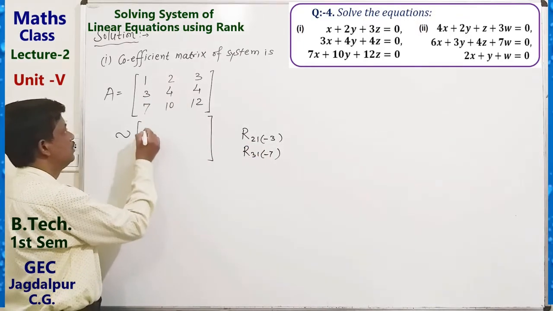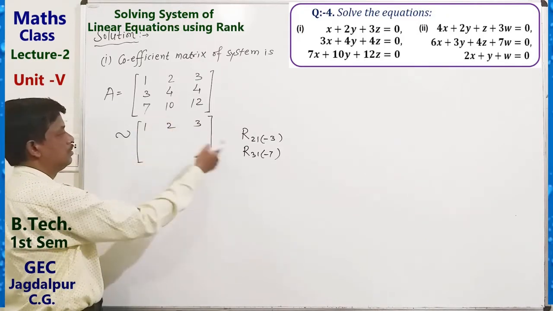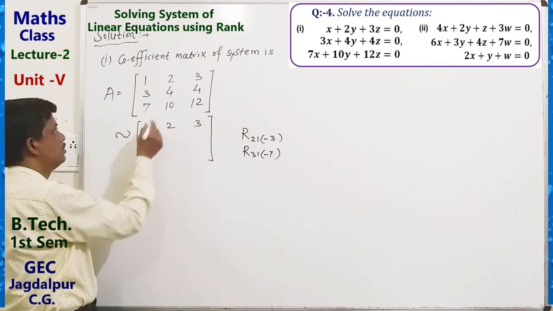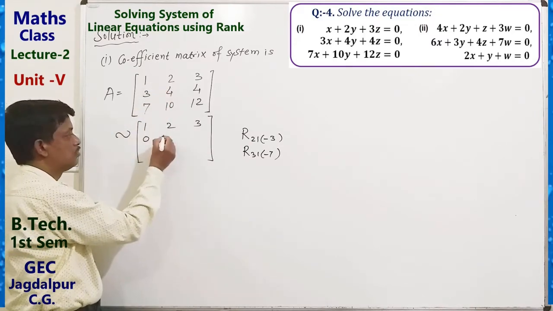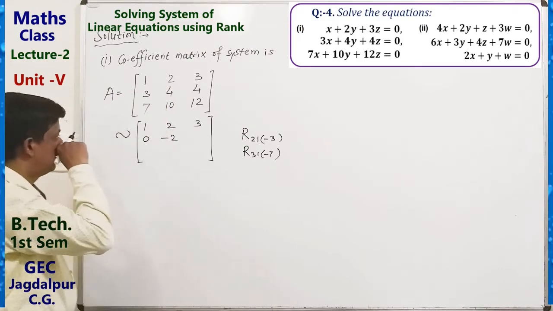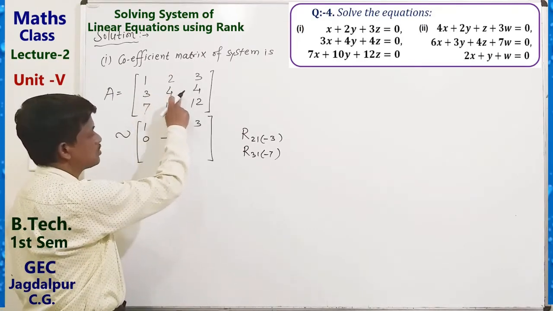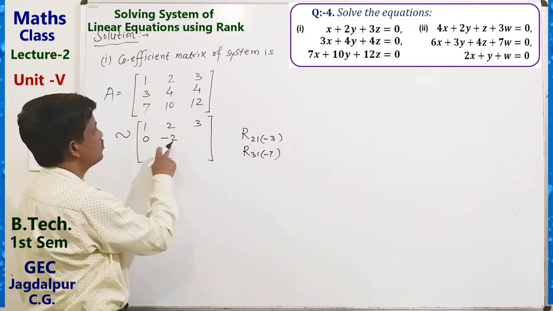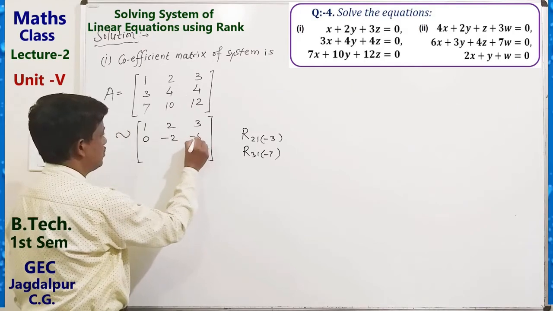This is 1, 2, 3 and minus 3. So this is 0. Minus 6 plus 4, minus 2. Minus 9 plus 4, minus 5.